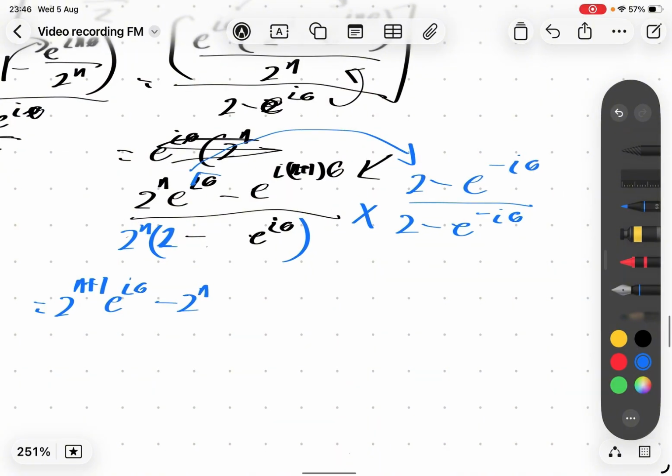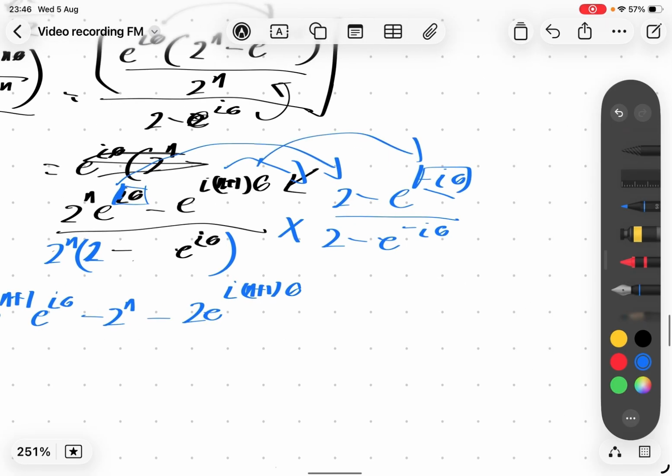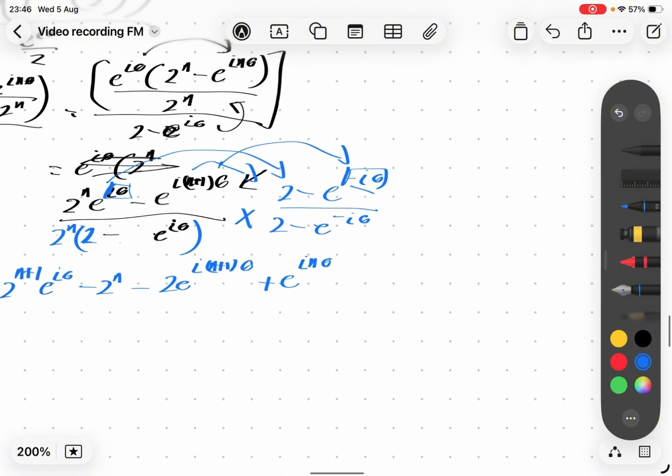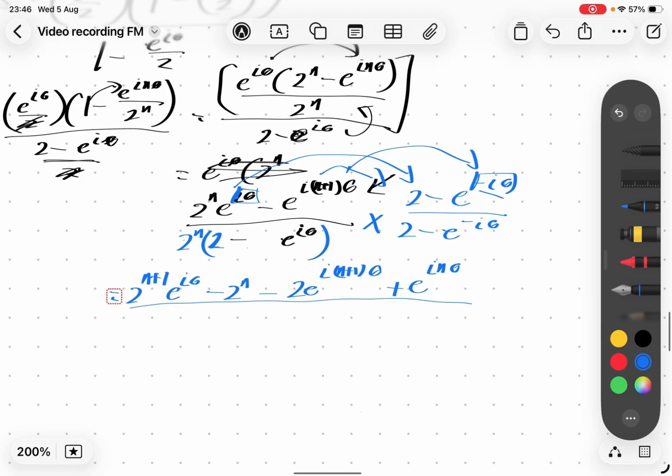And as you can see, this times this is equals to 0, and e power 0 is 1, so I get 2n. Okay, and then this times this, 2e^(i(n+1)θ). This times this is n plus 1 minus 1, so it's plus e^(inθ) over 2n.